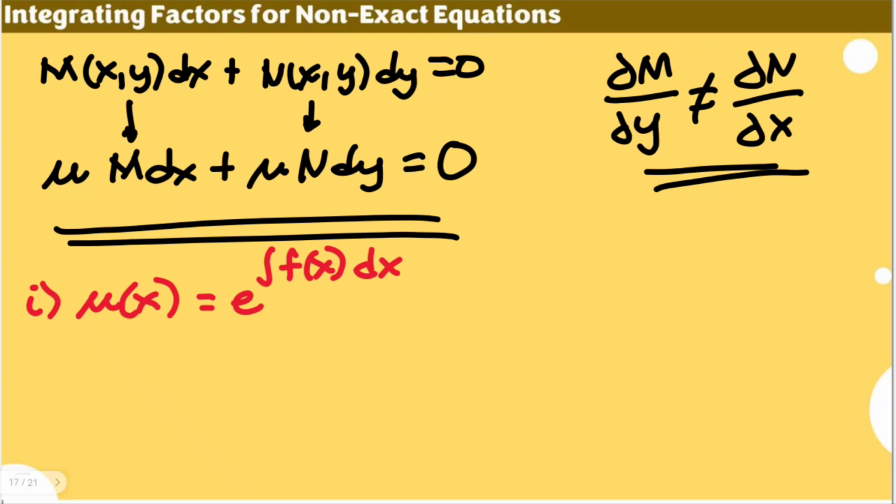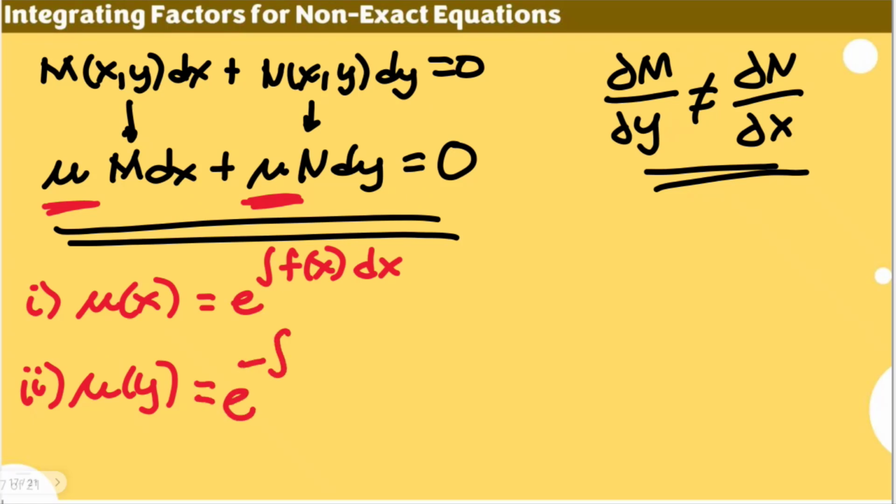The second one is mu of y, equivalent to e to the negative of the integral of f of y dy. Notice that our mu of y has a negative exponent, unlike our mu of x.